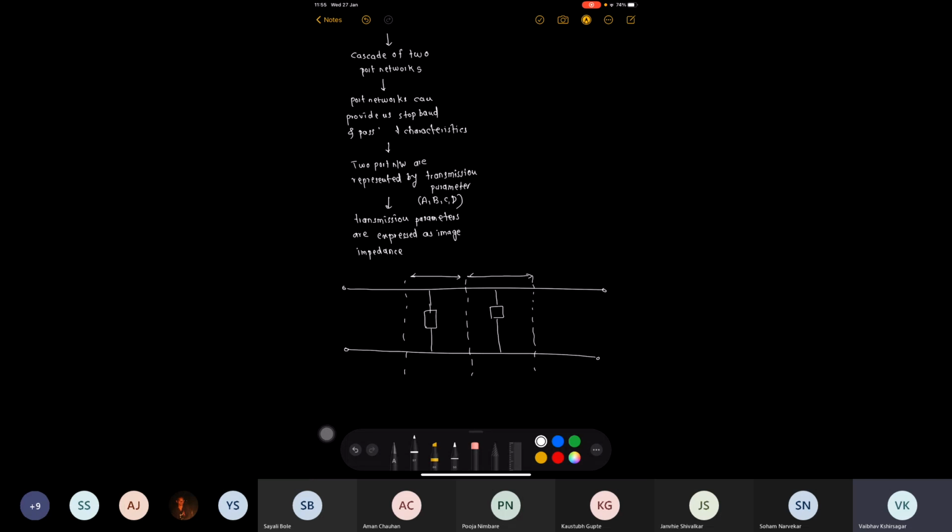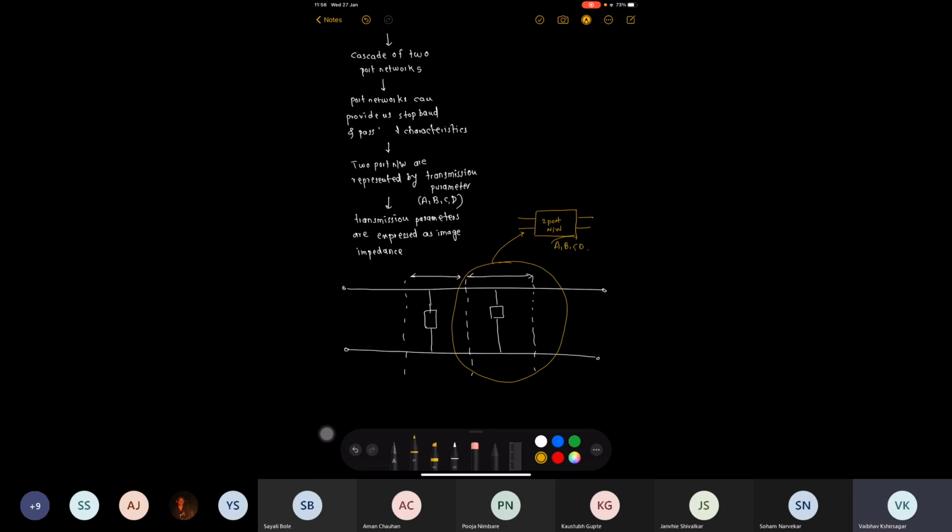of a transmission line. And what we are doing is we are going to pick up this particular section, and this particular section we are representing as a two-port network. This two-port network is represented in terms of ABCD transmission parameters.